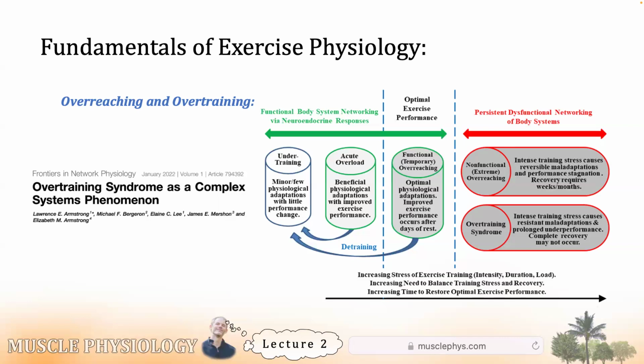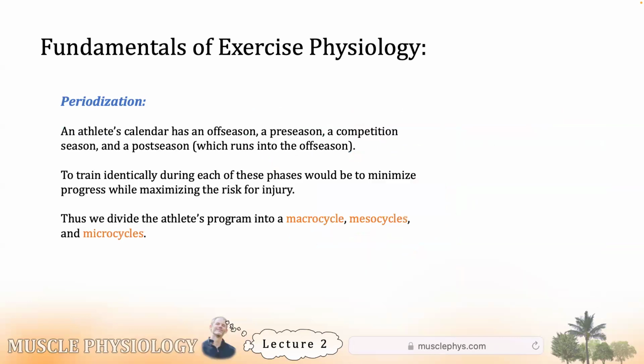You'll see systemic inflammation, decreased IGF, insulin-like growth factor secretion, sex hormone secretion is decreased, bone loss, glucose regulation is impaired. There's so many complications. Now, people don't experience every single one of them usually, but there's a constellation of complications that people experience, and as Larry Armstrong calls it in this article, it is a complex systems phenomenon.